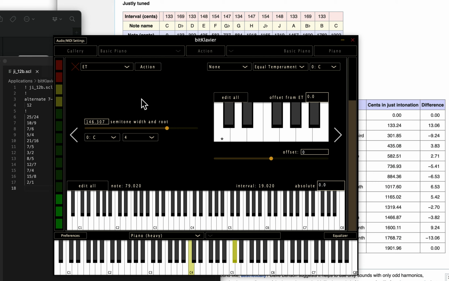Now you'll see when I play 13 tones, because like I said, it's the tritave divided by 13. So I play the C, and then I play the so-called D sharp above, or D flat above that, 13 tones. We get that tritave, 19.02. Okay, so 19 is the octave and a perfect fifth.